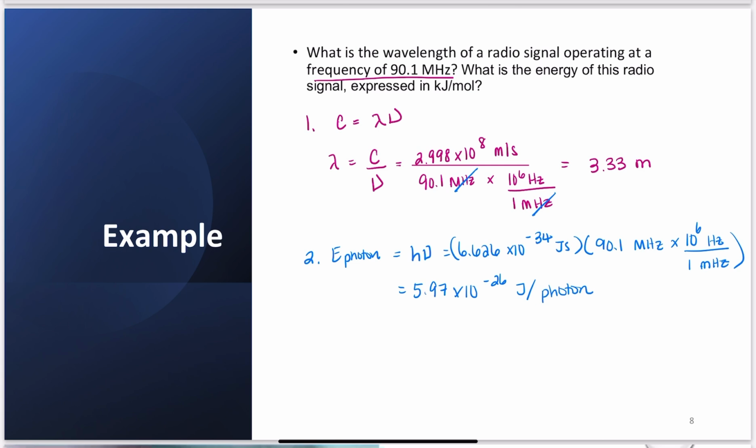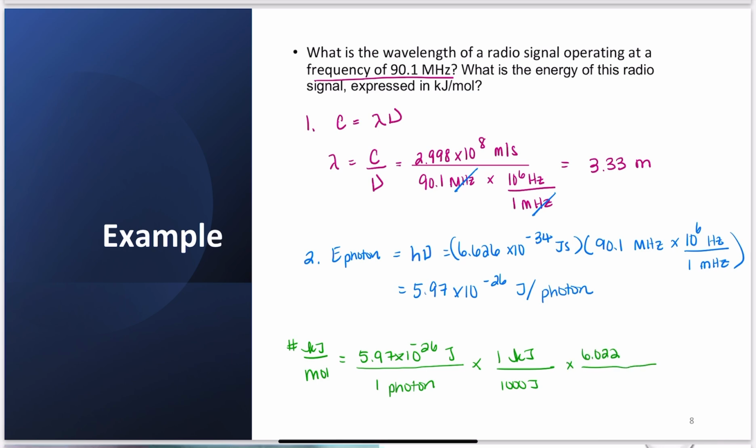But again, I don't want joules per photon. I want kilojoules per mole. So I'm going to go ahead and convert that. I have 5.97 times 10 to the -26 joules per every 1 photon. Let's convert to kilojoules first. 1 kilojoule is 1,000 joules. Now, I know Avogadro's number.